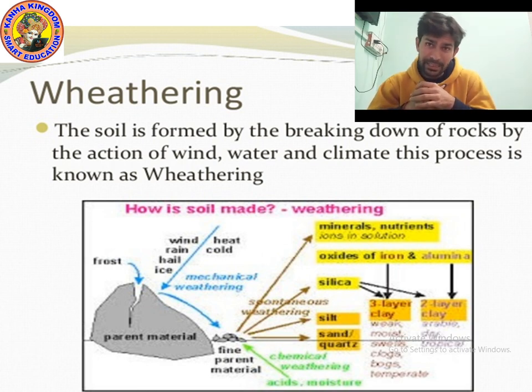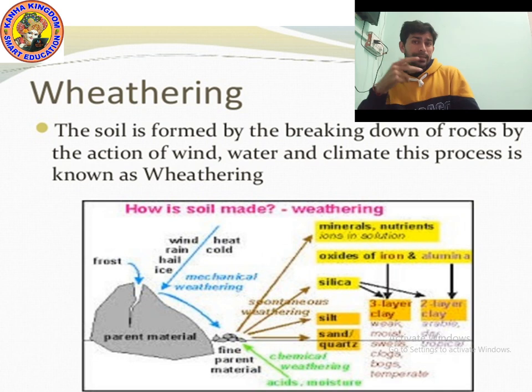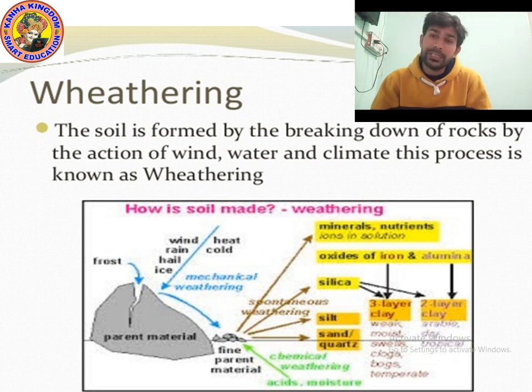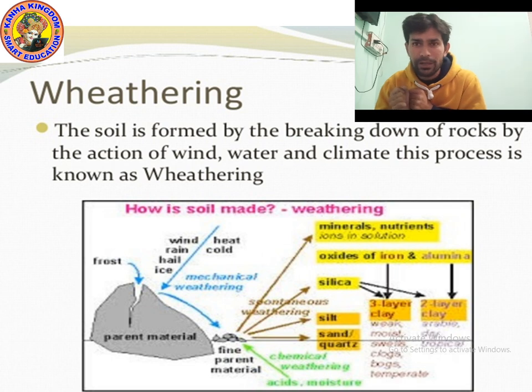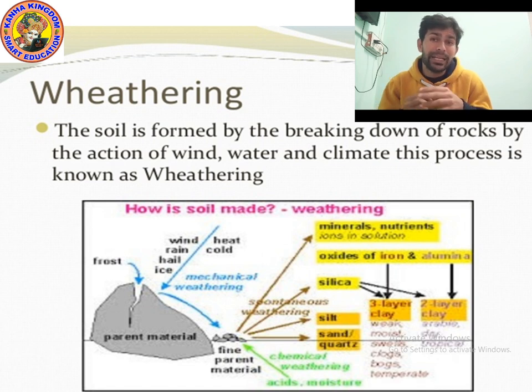The same process occurs when the wind blows very fast. The mountain rocks and stones break down, they fall and break, cracks come, and they convert into small particles. Hail and snowfall also convert rock into small particles.